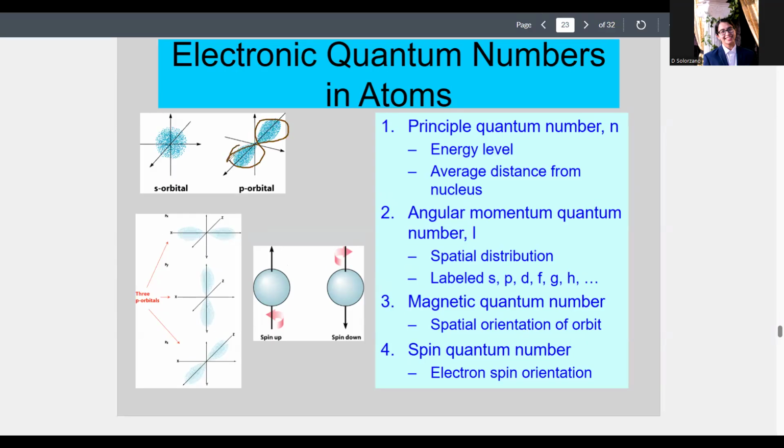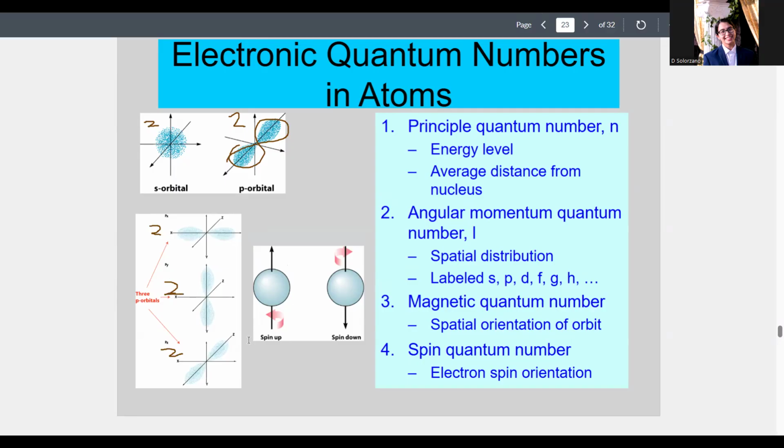And also, because of the Pauli exclusion principle, each of these will only hold two electrons, which means for the s orbital we only have a total of two electrons, but for the p we have a total of six, because we have two in each of the three p suborbitals.